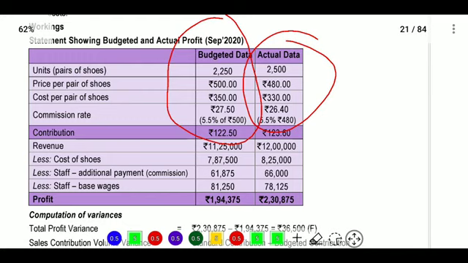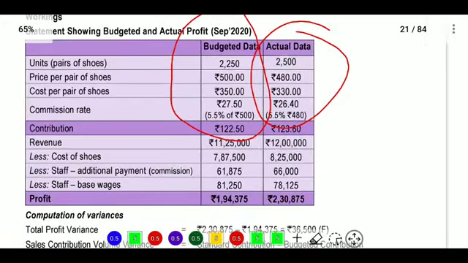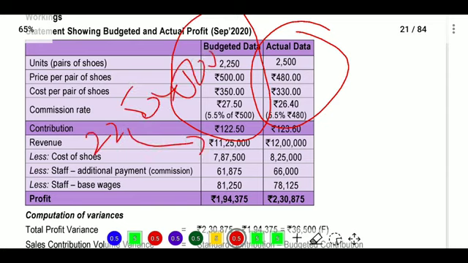Now contribution into units gives us the revenue. The contribution is 122.5. Now the revenue: the selling price is 500 into 2,250 units.